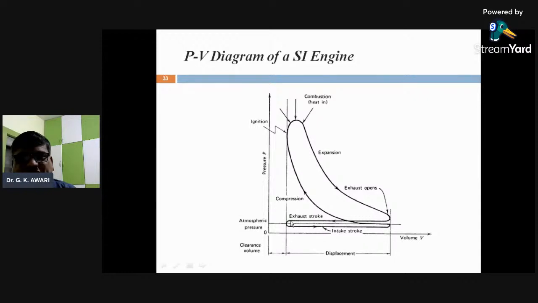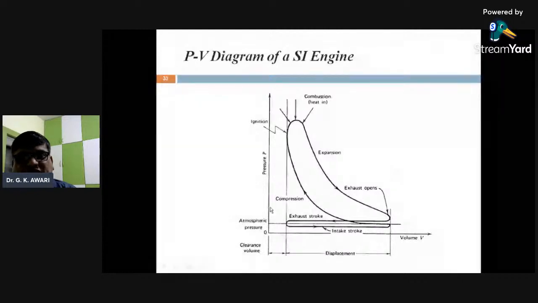The exhaust stroke. So here what happens due to the clearance volume, and this is the process, because at the same time the inlet valve also opens, and it allows the exhaust gases to move out of the cylinder.